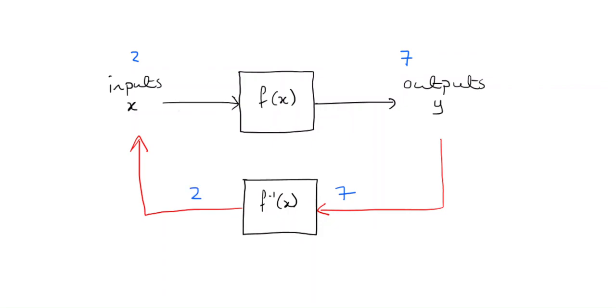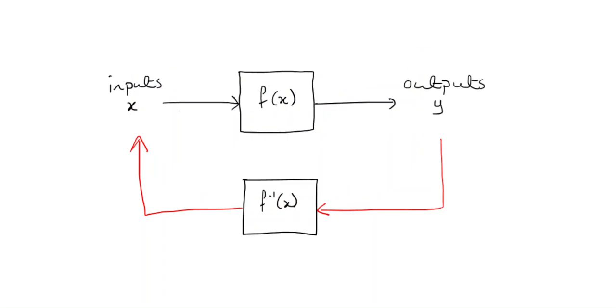It should return me back to my original input. So just to clarify, you start with 2, you input it into your original function, you get an output of 7. You then take that output of 7, input it into your inverse function, and it returns you back to the value of 2, which was your input. So that's the idea of an inverse function.